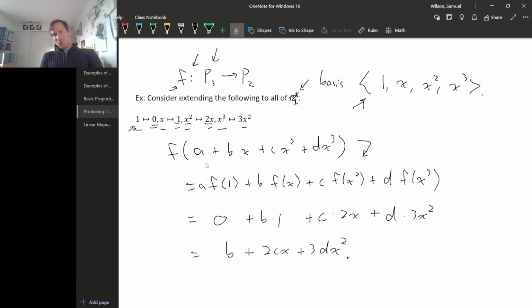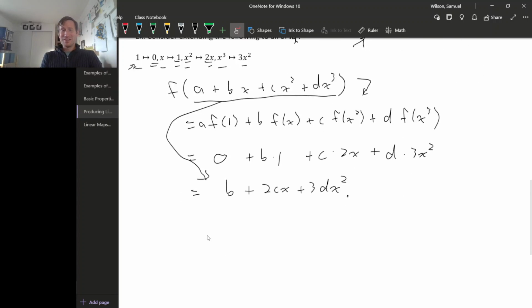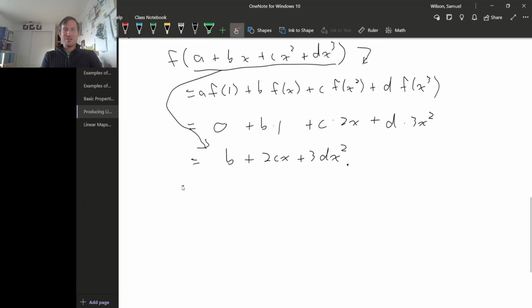So why did I look at this example? Well, look, what linear map turns this polynomial into that polynomial? Do you recognize this? It's just the derivative. So the derivative does exactly the same thing on the basis vectors 1, x, x squared, and x cubed.